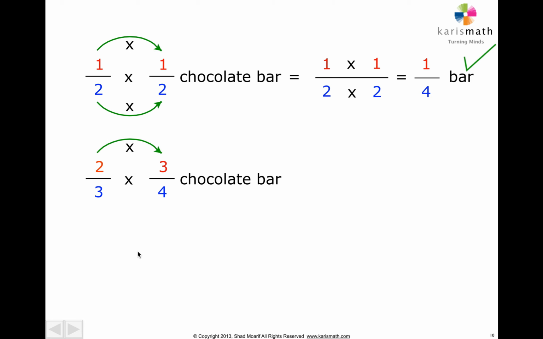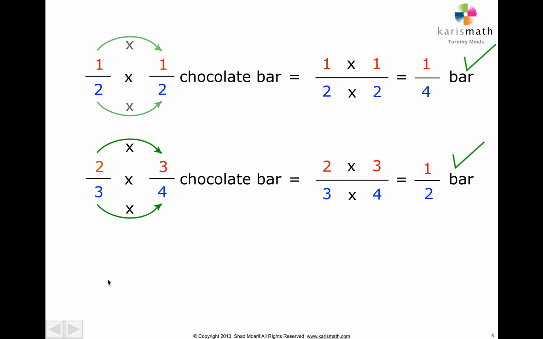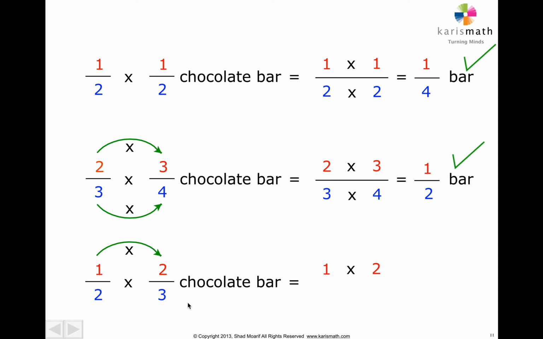Multiply across on top, that's 2 times 3 is 6, and 3 times 4 is 12, 6/12 of a bar, which reduces to 1/2. Again, we take half of 2/3 of a chocolate bar, multiply across. What's the answer? That's right, 2/6. And can anybody reduce that to what? 1/3. Great.